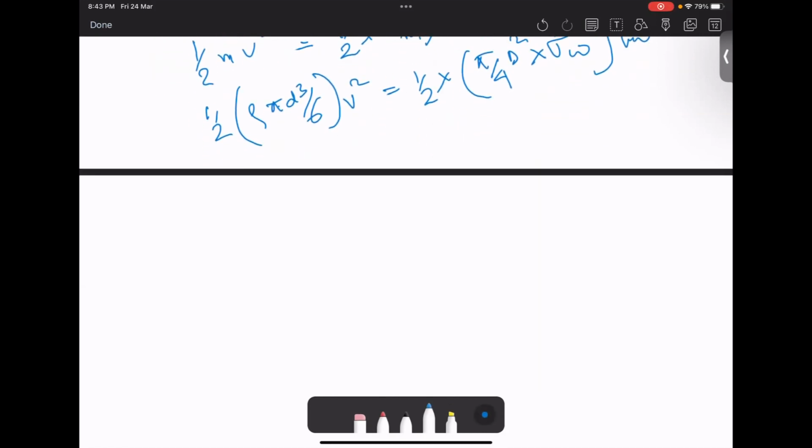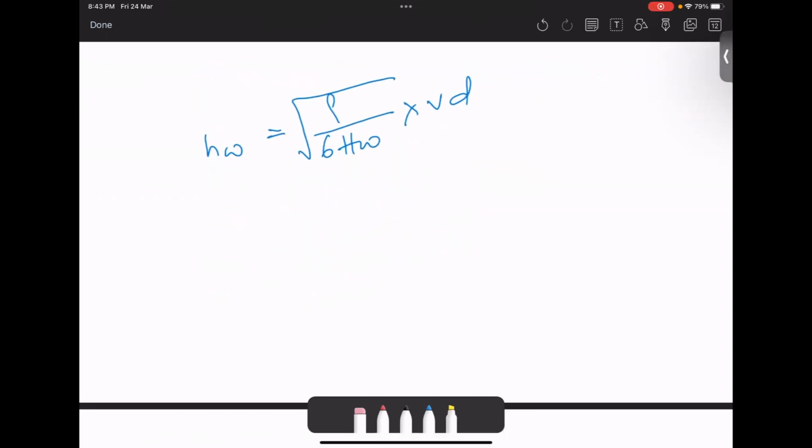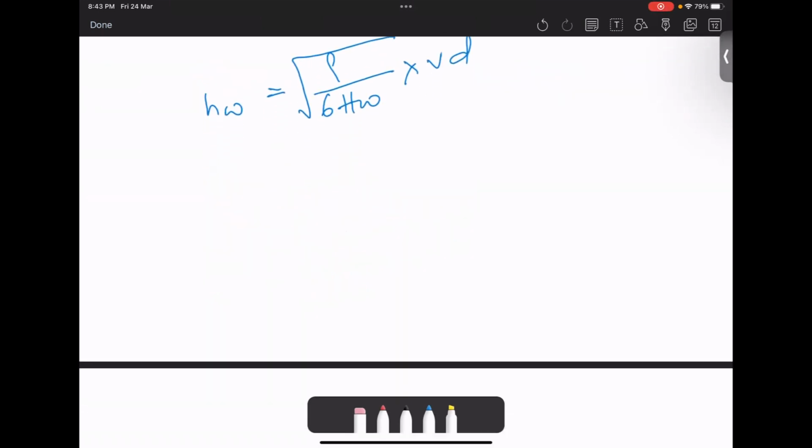Now, plugging in the value of D, which is twice root of DHW, you find the height of indentation HW is root over of density by 6 HW into grain dia D.